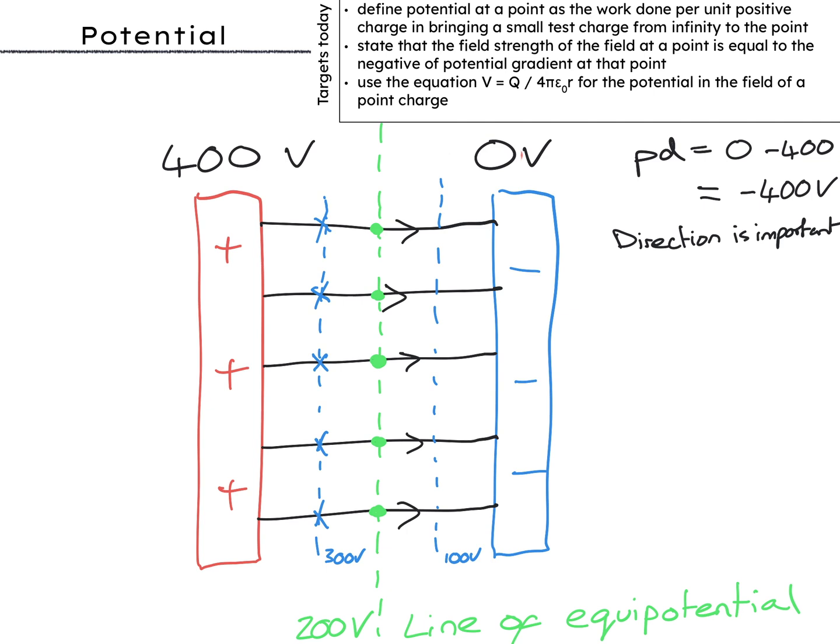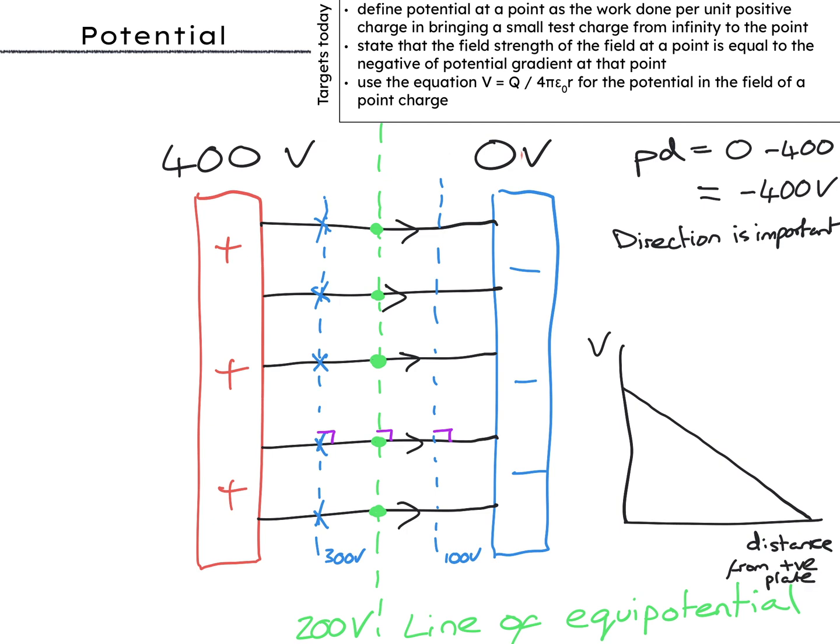See how the lines of equipotential cross the field lines at 90 degrees. Now that's important. If I plot distance from the positive plate against the potential, we get a line. Like this.